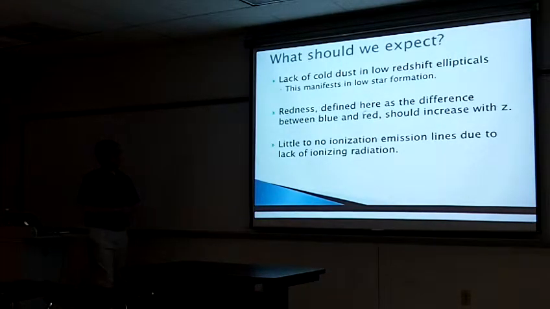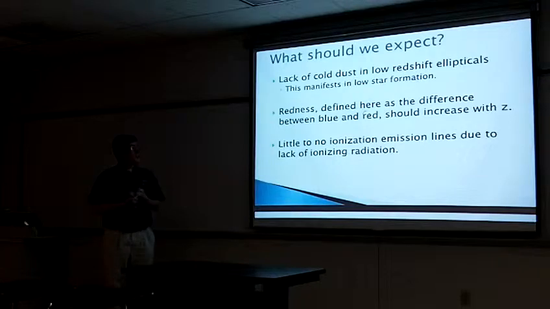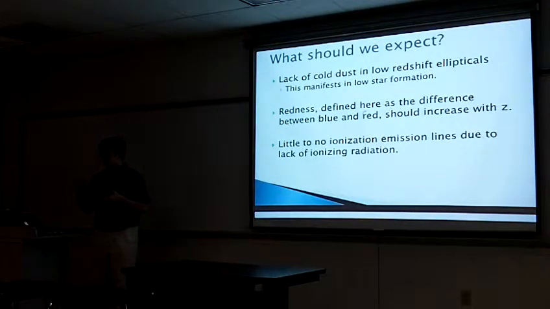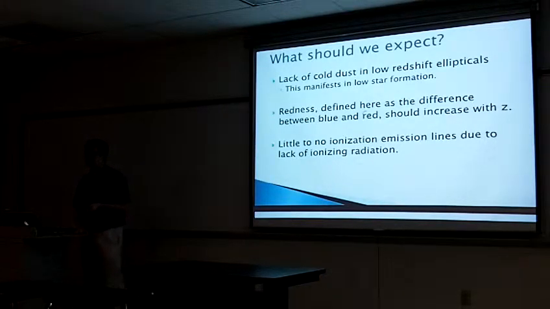What we expect from these is that there is a lack of cold dust in low redshift ellipticals. So at low redshift, they've already experienced a large amount of time in the universe, and their star formation has decreased significantly because they have run out of a supply of cold dust and gas.